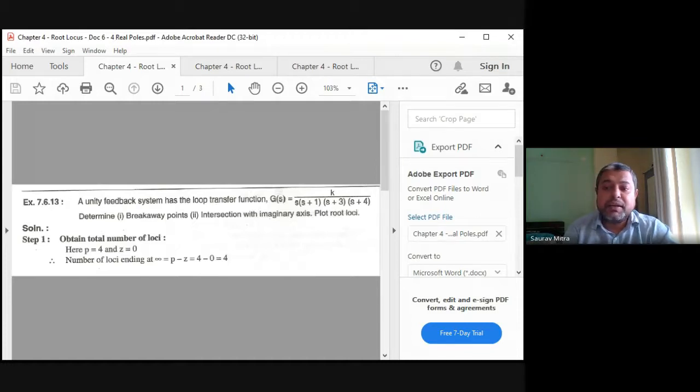Up to a certain value of K, the root locus lies in the left half. At a certain value of K, it touches the j omega axis, and beyond that it crosses the j omega axis and enters the right half. That is applicable for all 3 real pole systems in the left half.